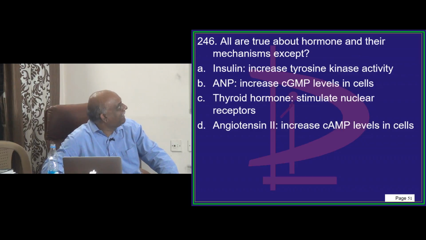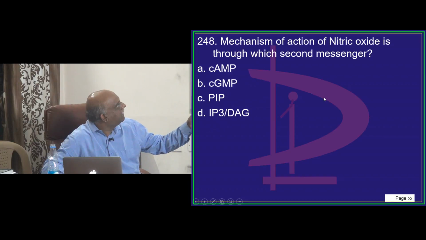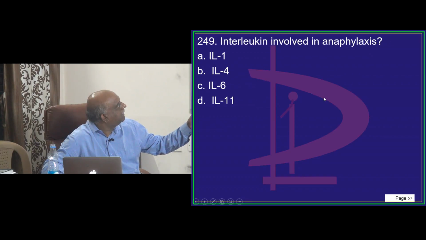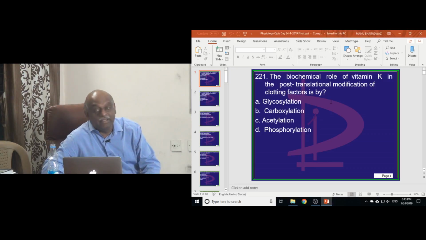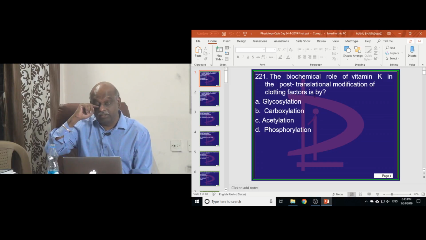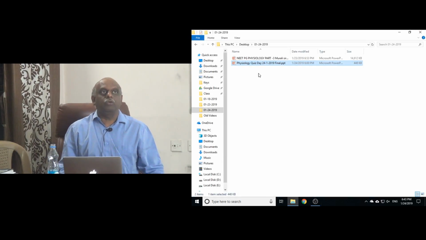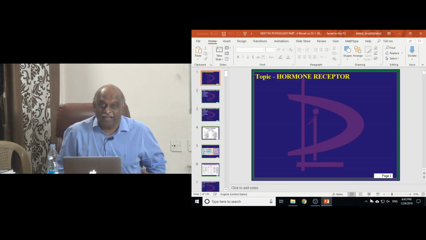Okay. Now, about the various hormones, this question we already are done with. Yes, I think we are done with all the questions. So, in today's quiz, how many of you got more than 10 mistakes? Anybody had more than 10 mistakes?